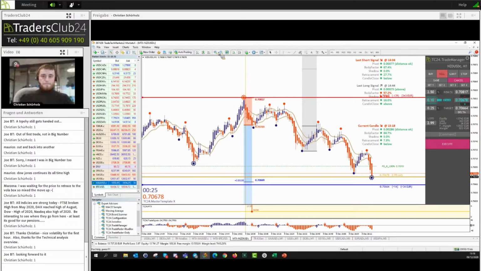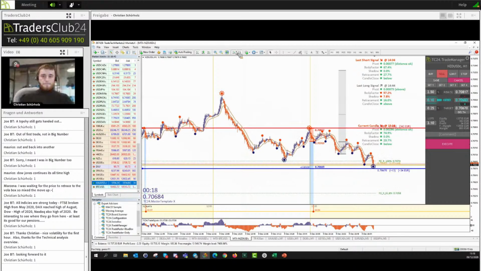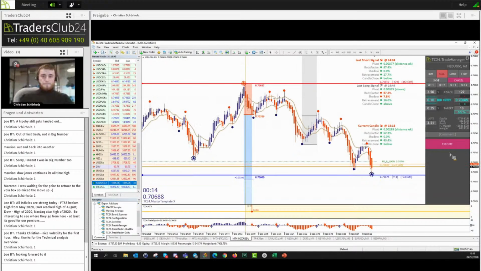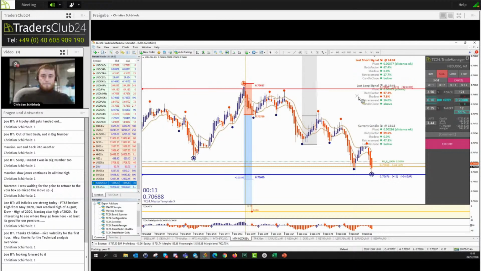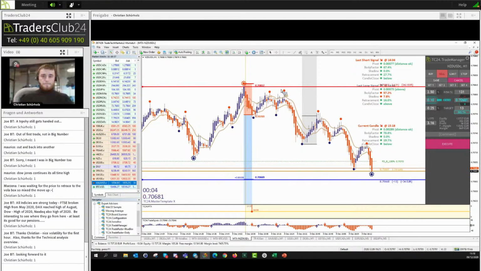So always best to take a look at what's going on in the chart. We can see a gradual fall down over here. You can also move it down, but this is the rules of the template.